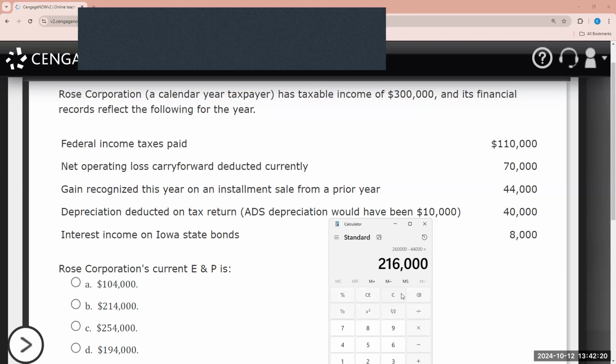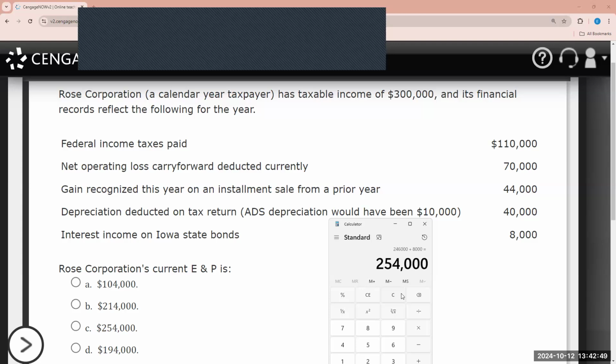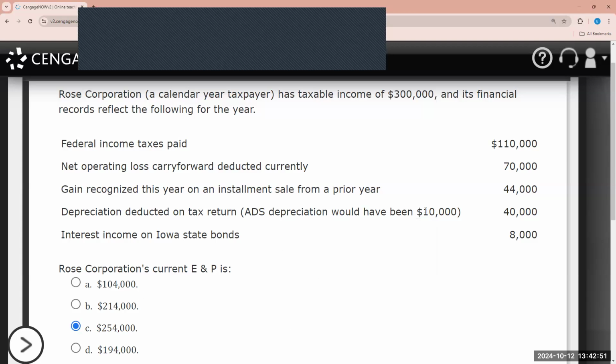From there, the excess depreciation deducted on the tax return over ADS depreciation is added. In addition, we add the interest income on the Iowa state bonds. So our total E&P would be 254,000.